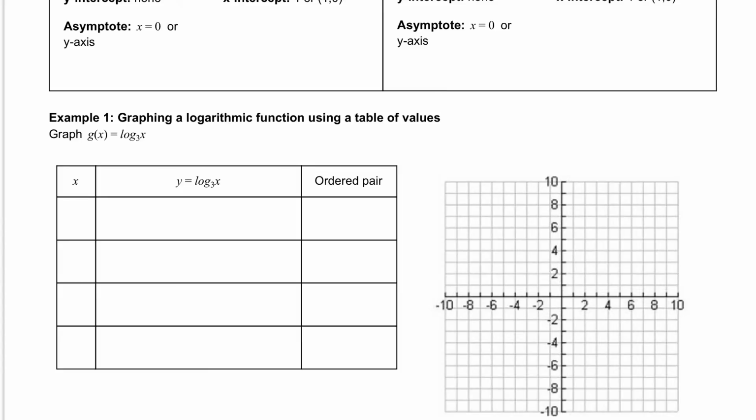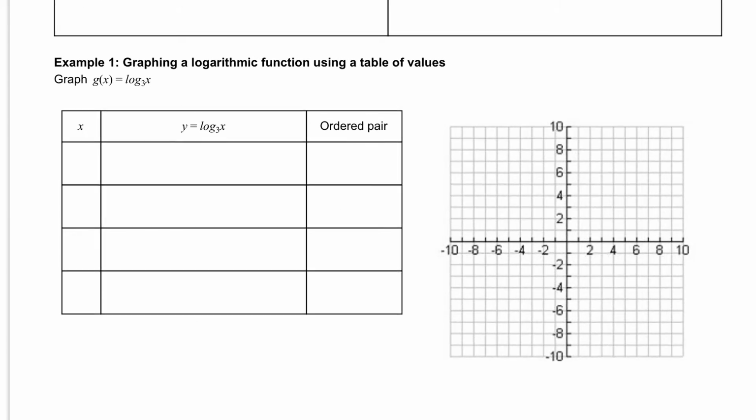So we've got the function g of x equals the log base 3 of x. And the first thing I want you to note is when we're picking x values for our table of values, you want to choose an x value that is a power of the base that you have. And our base is 3.